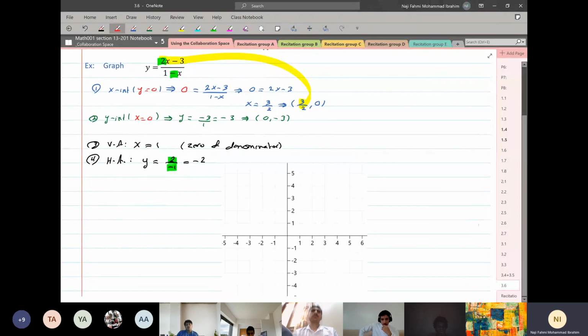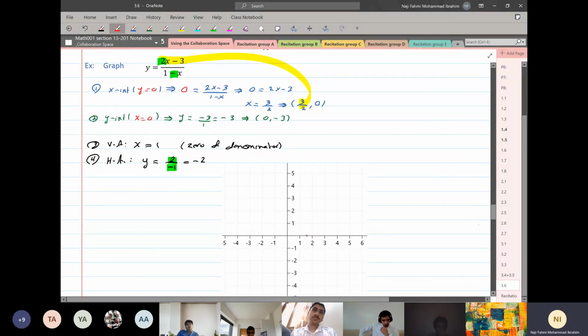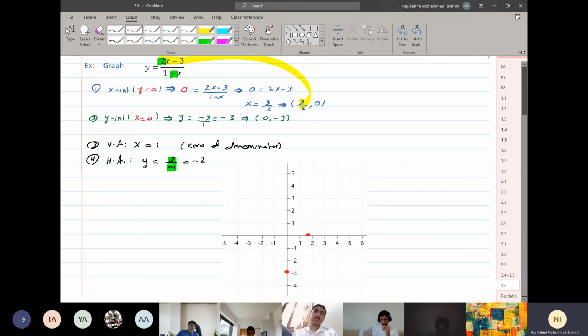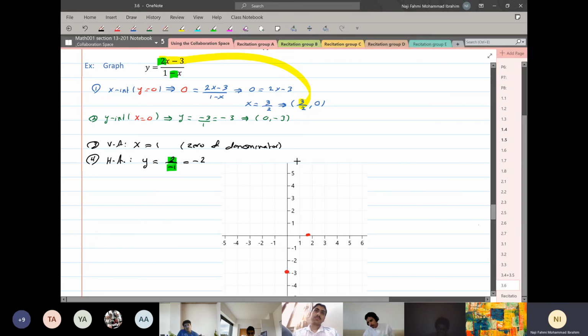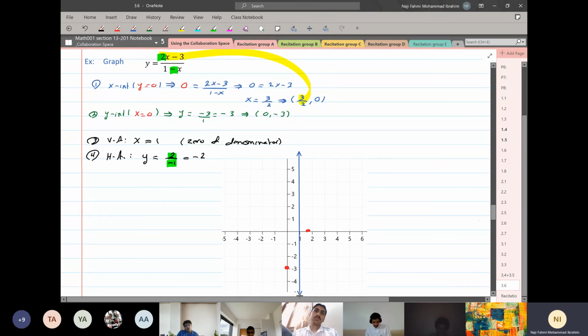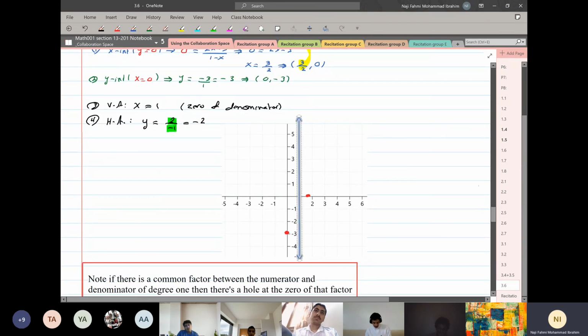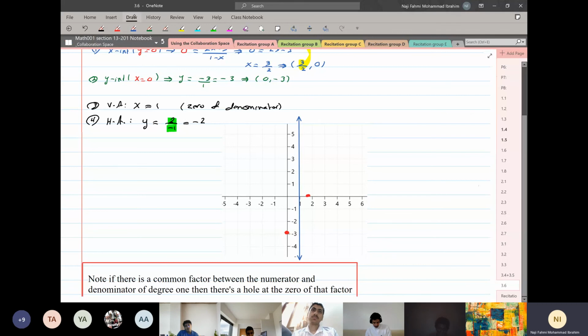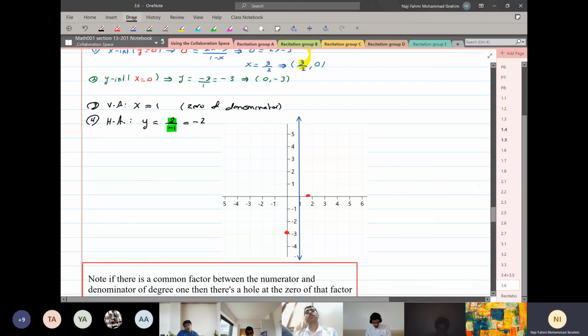First of all, 3/2 and 0, it's on the x-axis. Then we have 0 and -3 on the y-axis. Then we have x equal 1, which is the vertical asymptote. And we have also our horizontal asymptote, y equals -2. It's here.